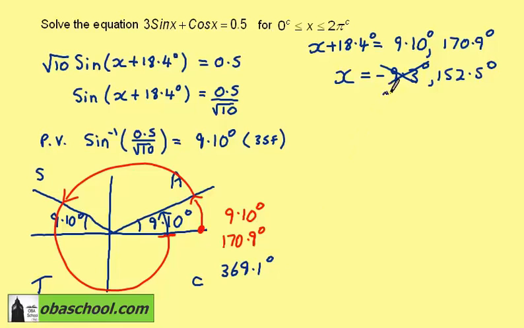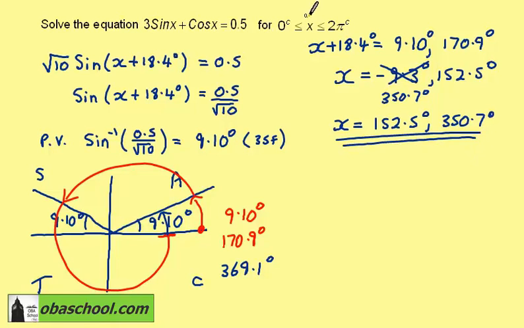If we subtract 18.4 from this, we get 350.7 degrees, and this is between 0 and 360, so this is a solution that we want. Writing the solutions in order, we have 152.5 degrees and 350.7 degrees.